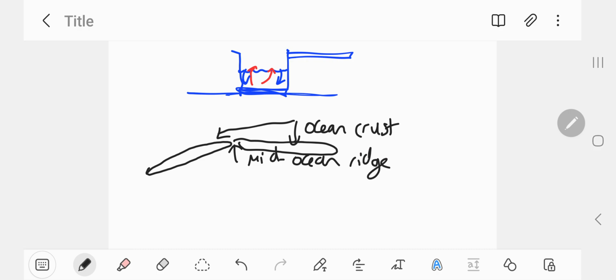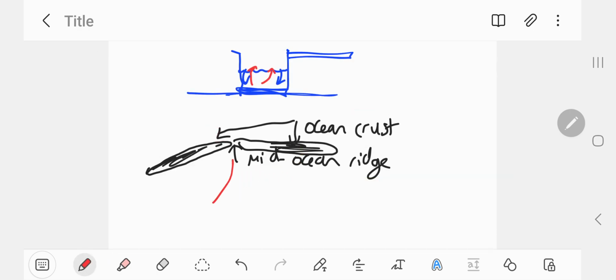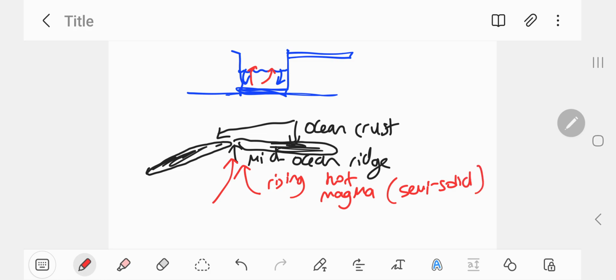Right, a massive seafloor mountain system. Now beneath the lithosphere, so the crust and asthenosphere, you've got the mantle. And you've got rising hot magma coming up from the mantle. And if you recall, magma is just a semi-solid, so it's half solid, half liquid.